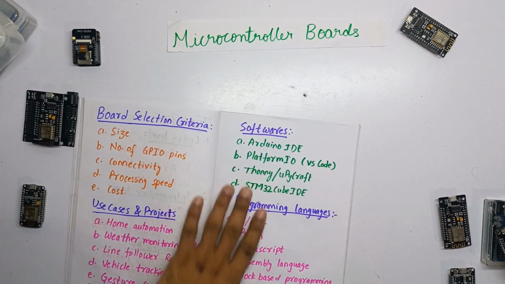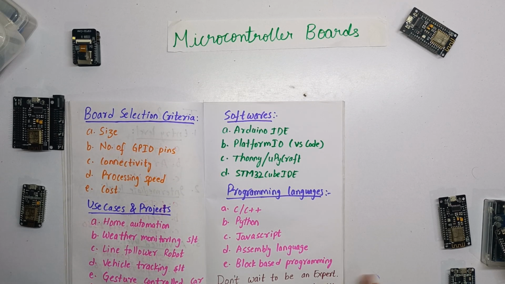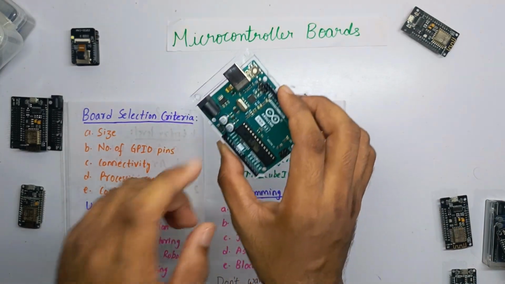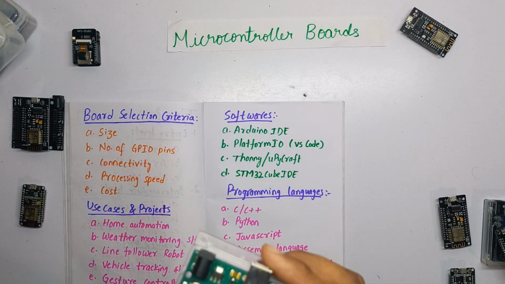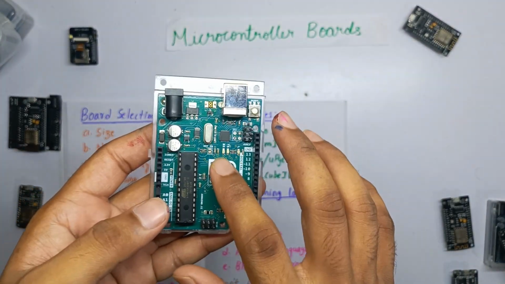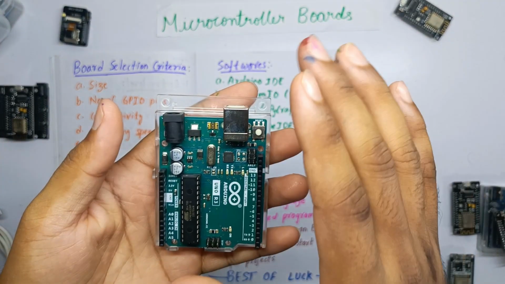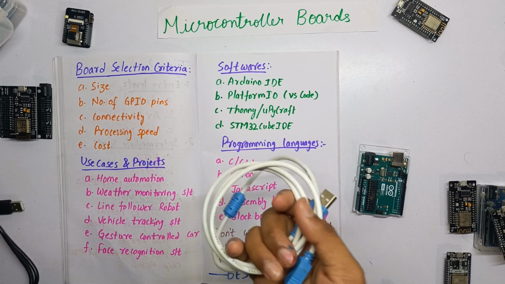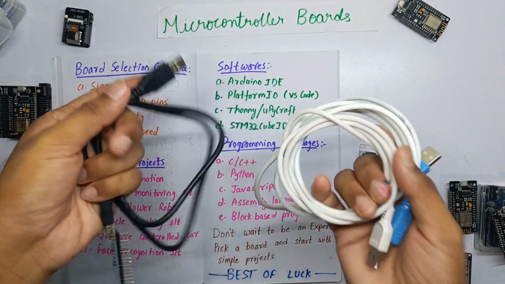And coming to software, that means the software using which we actually program them. We know that these are microcontroller boards and they are used to perform some specific applications. But wait, how is the code actually uploaded into them? How can we code this? To do this, we use some specific cables which are called code dumping cables or programming cables.